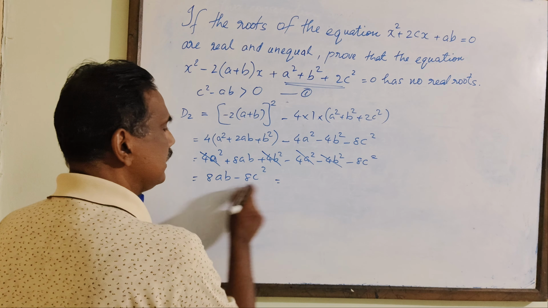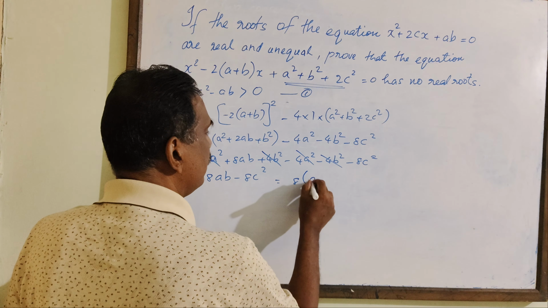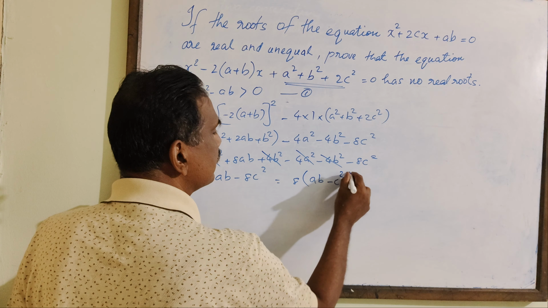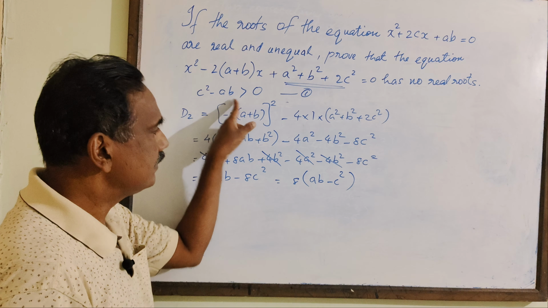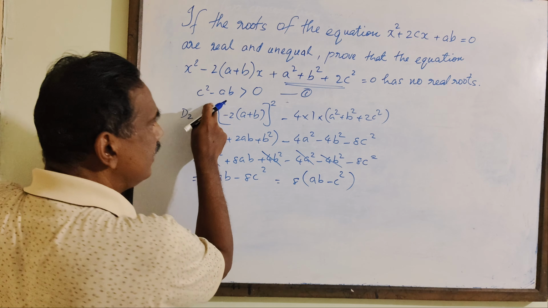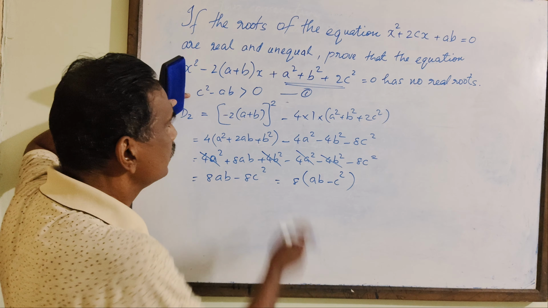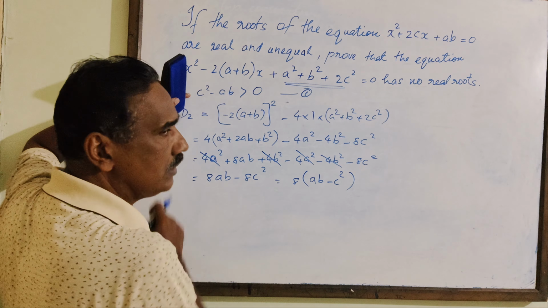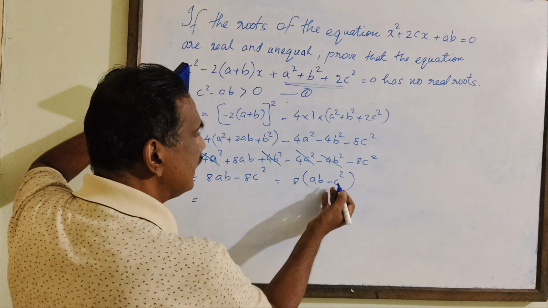That is equal to, you can take 8 as common, 8 into (ab minus c square). You have already seen something similar from the first equation, ab and c square. The only thing is that here it is c square minus ab, and here it is ab minus c square. So if you want to convert this, you can do it by taking the minus sign outside.